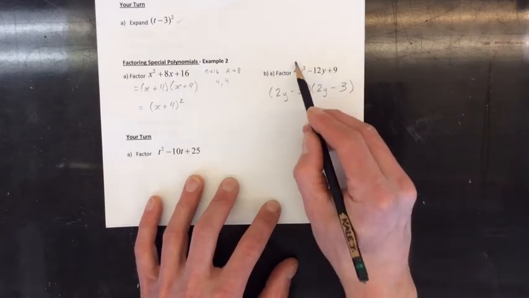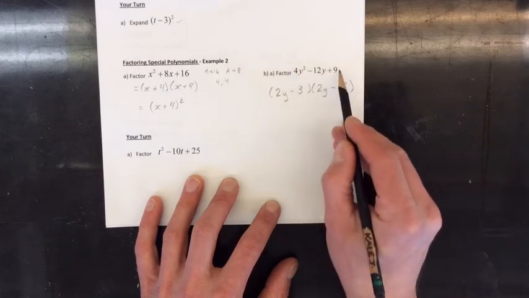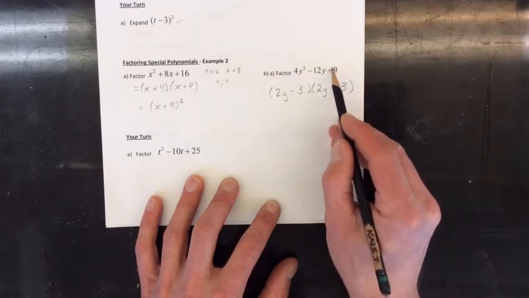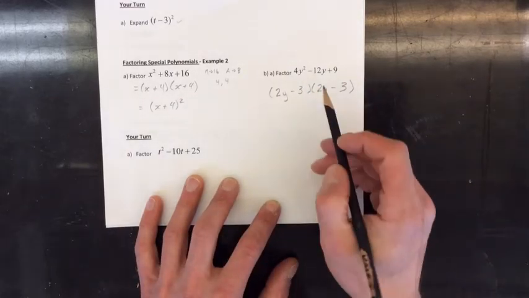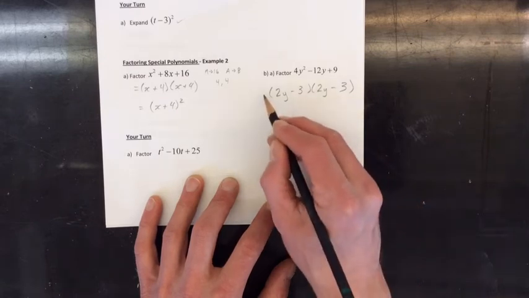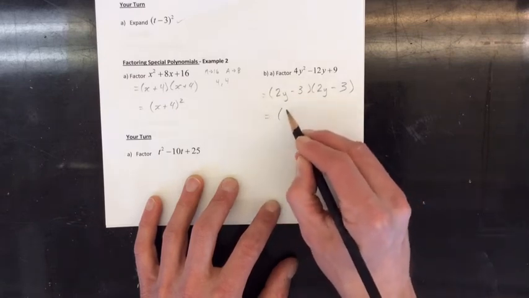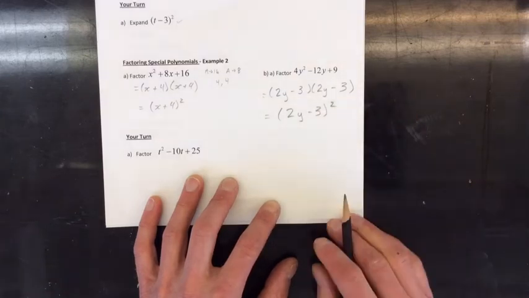You can use the 4 times 9 for the multiply: what two numbers multiply to 36 and add to negative 12, and then factor out your extra factor of 4. But I got to 2y minus 3 just by looking. And then I can write this as 2y minus 3 squared.